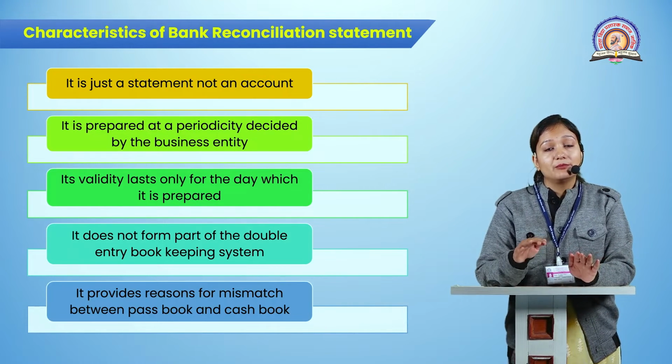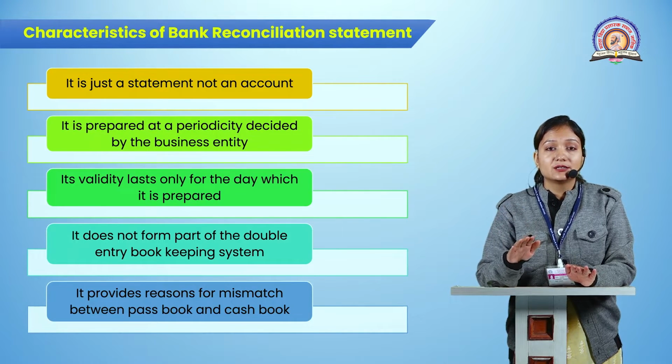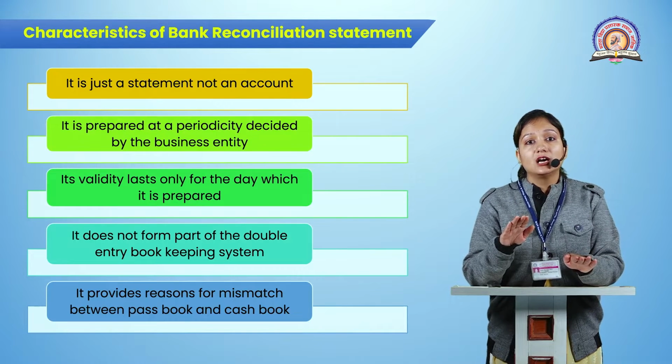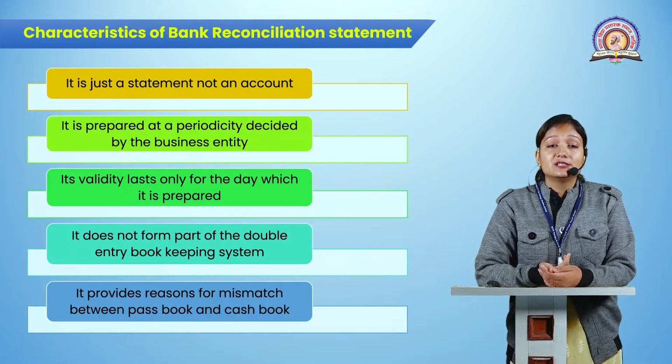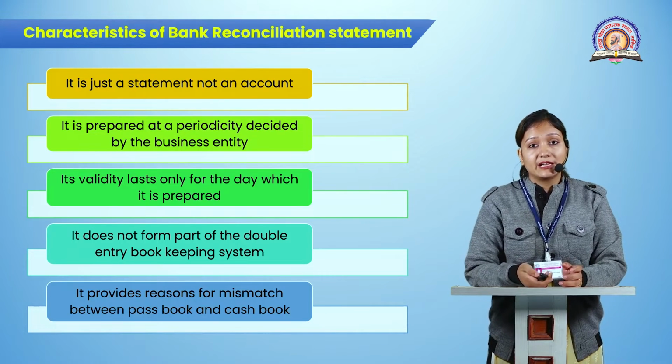So the bank balance will be only X amount and it has not decreased. So my cash book is showing a lesser balance, but my passbook is up to that level only. So we are just finding out what are the different reasons why there is a mismatch between cash book and passbook. Okay, understood about characteristics.